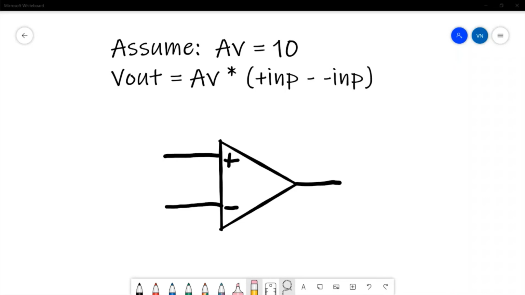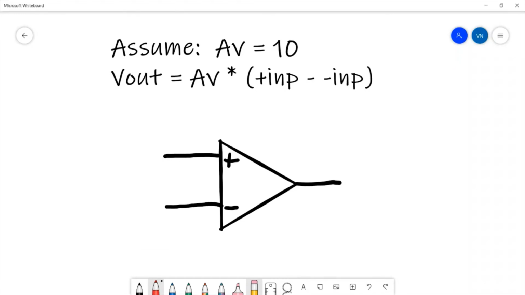Okay, let's run through a couple of short examples just to make sure we got the idea. Assume that the gain here is 10 and that V out is the gain factor times the difference between the inputs. If the inputs are 2 volts and 1 volt, what's the output? That becomes 2 minus 1 times 10, so the output would be 10 times 1 volt.